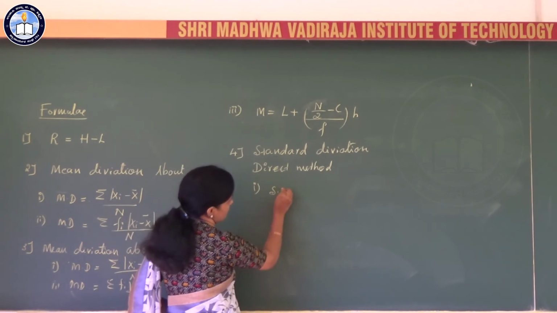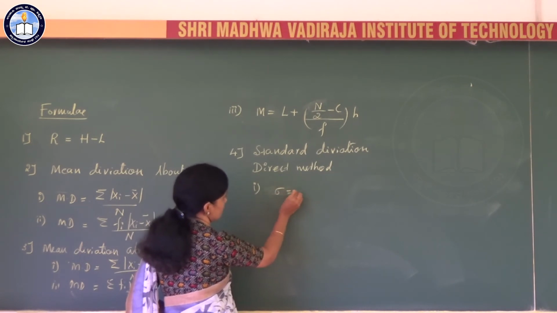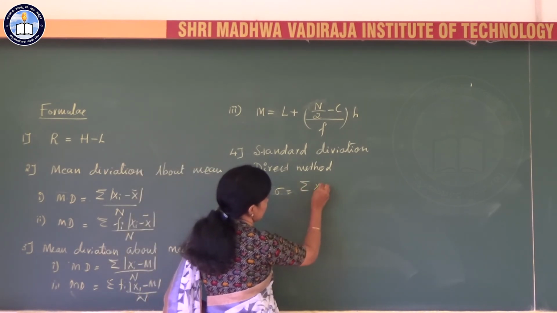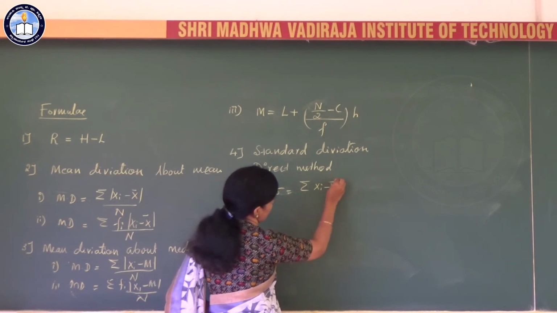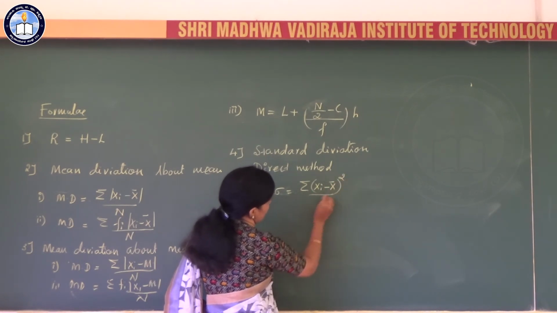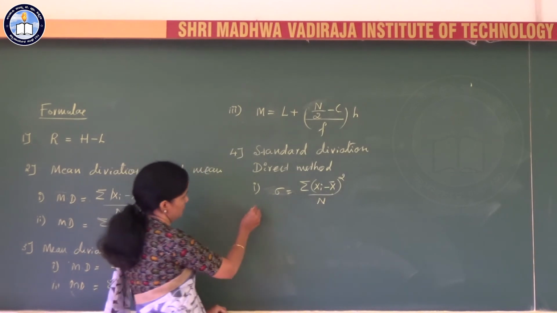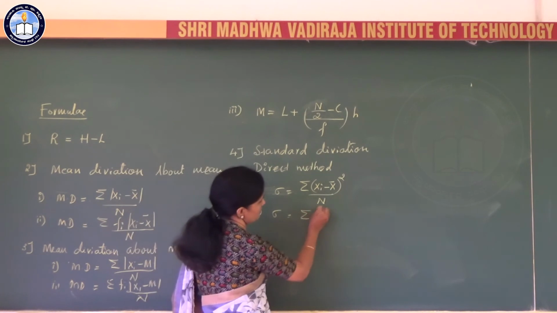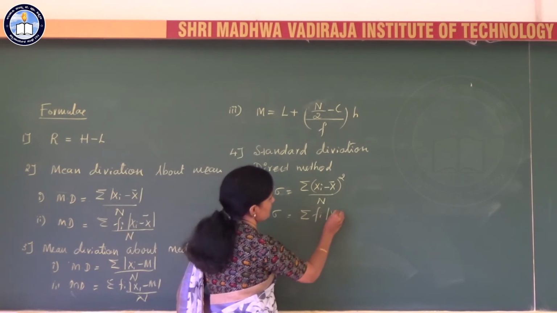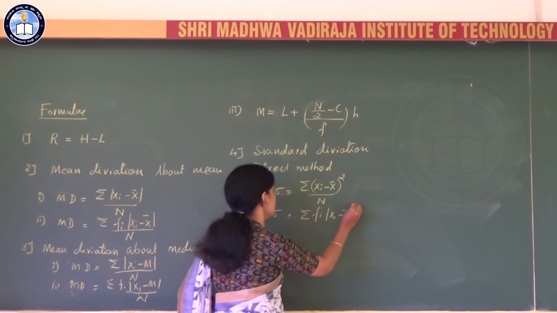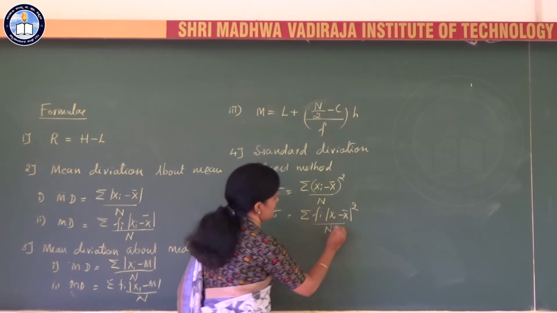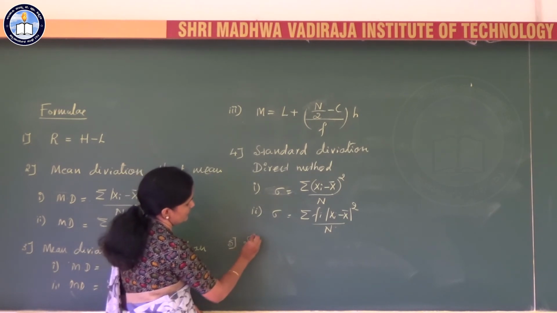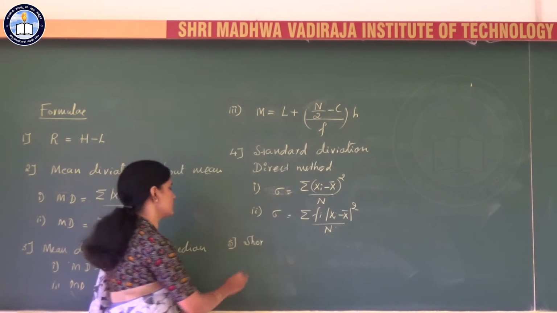So standard deviation sigma is equal to square root of sigma xi minus x bar whole square divided by n for ungrouped. And then for grouped, this is nothing but sigma fi into xi minus x bar, this is a deviation, whole square divided by n. And then for the shortcut method, you must know the alternate method or the shortcut method.